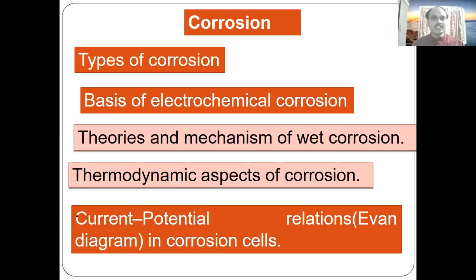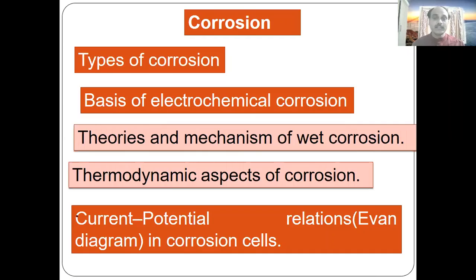So this corrosion, you know, is an electrochemical phenomenon, means that the electrochemical reaction will be taking place on any of the substrate or any of the substance where it undergoes corrosion.